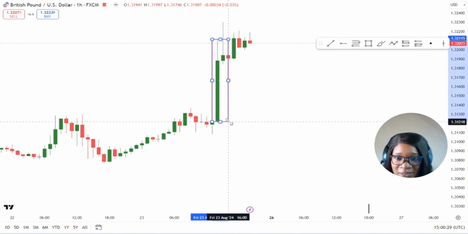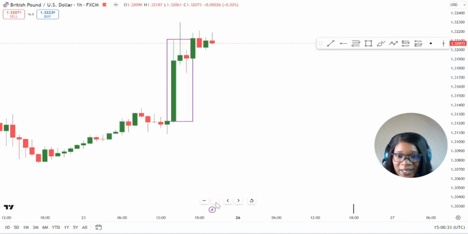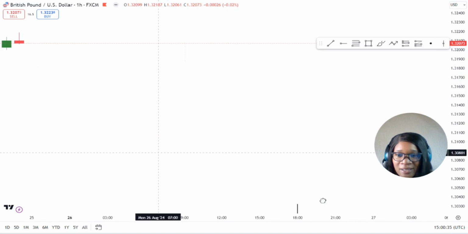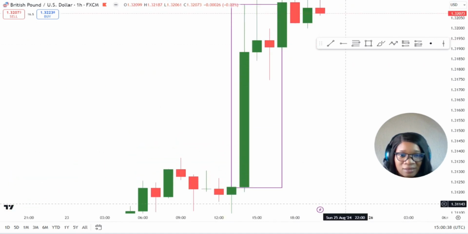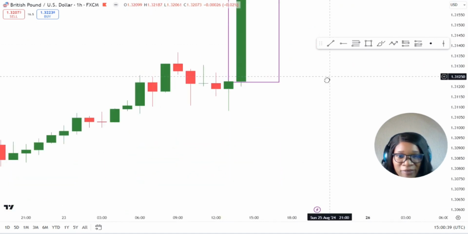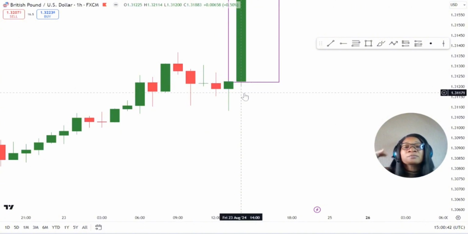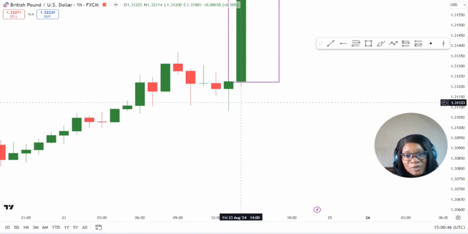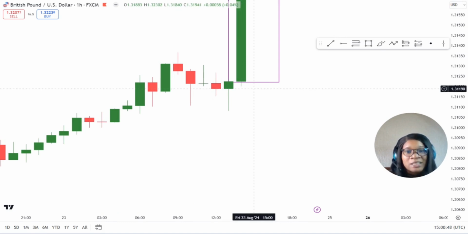It is right here. Then there's a little wick right here, a very small wick. So price is just telling you that the lowest point that price was at in this market is very close to the opening price.